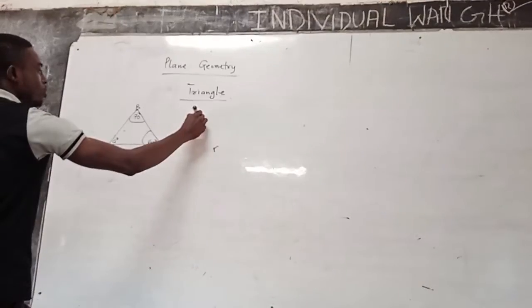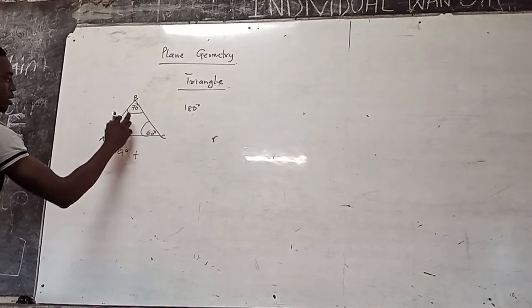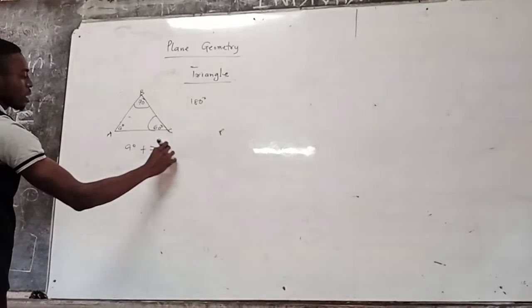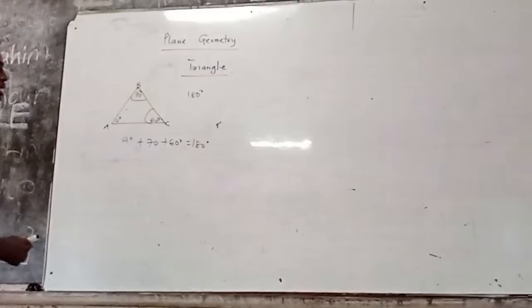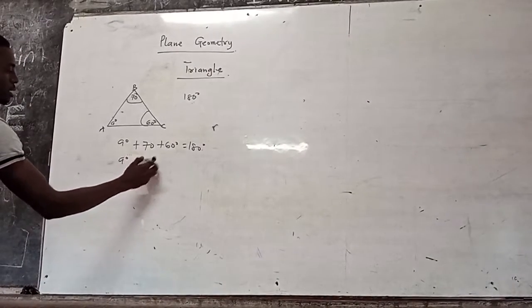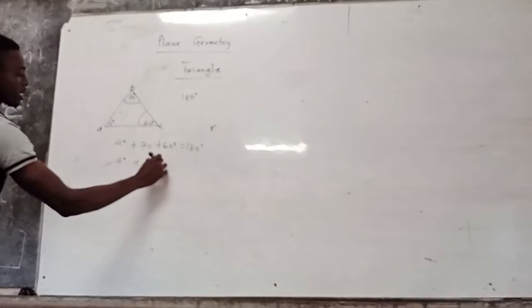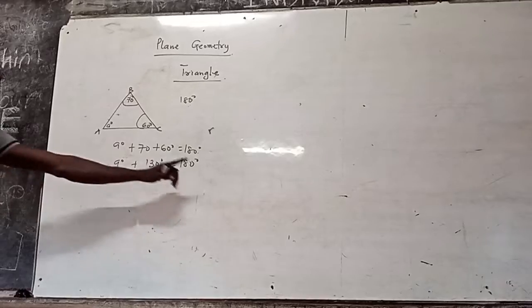So they are all equal to 180. So 70 plus 60 plus A is equal to 180. So you can add these: 130 plus A is equal to 180.